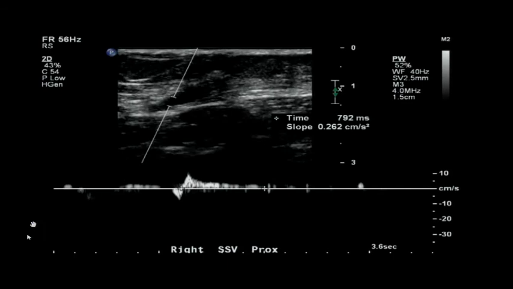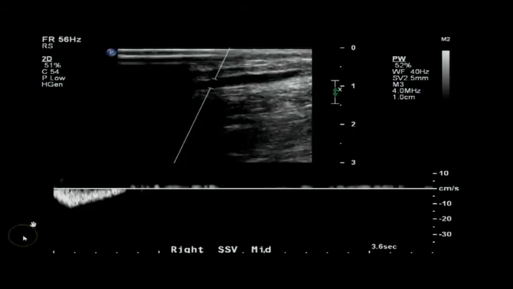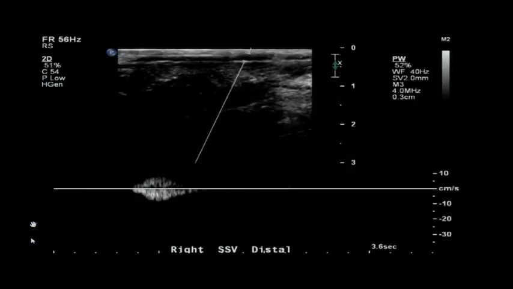You will also want to mention the reflux identified in the small saphenous vein as seen here, as well as mentioning that the reflux appears to only be present at the proximal through mid-calf. However, the distal small saphenous appears competent.